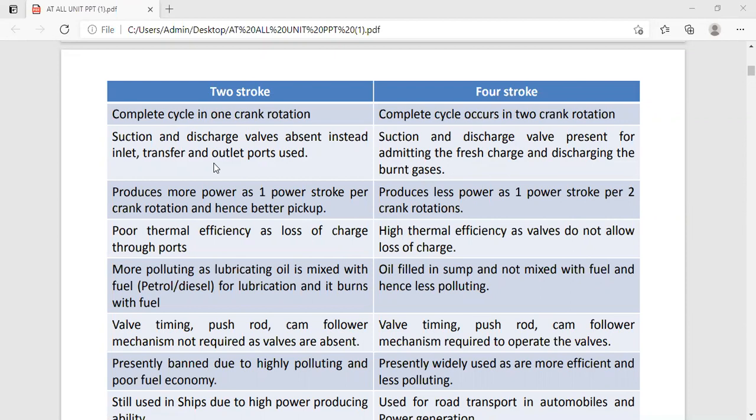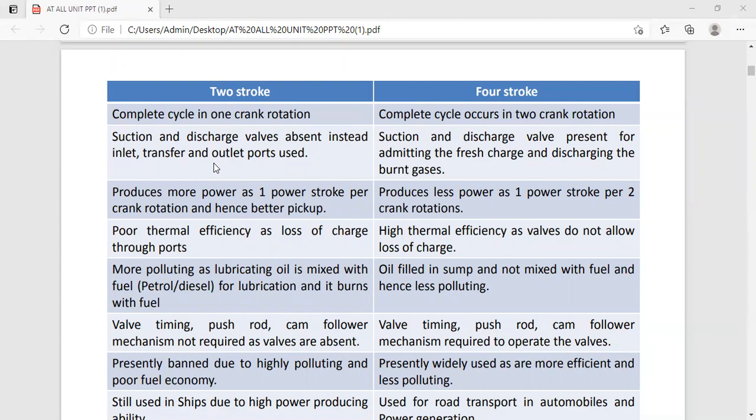In case of the two stroke, poor thermal efficiency as there are losses of the charge through the ports. But in case of the four stroke, we find a high thermal efficiency because these valves are not allowing the loss of the charge.